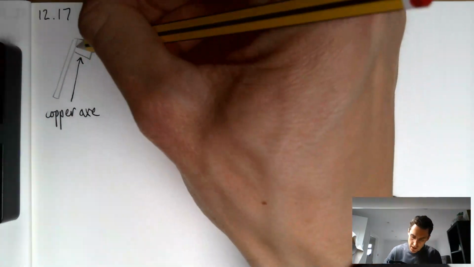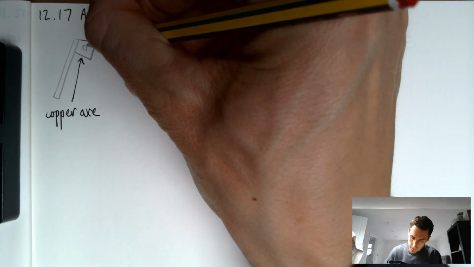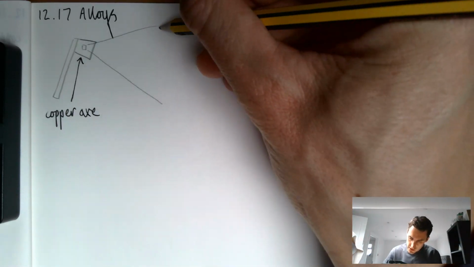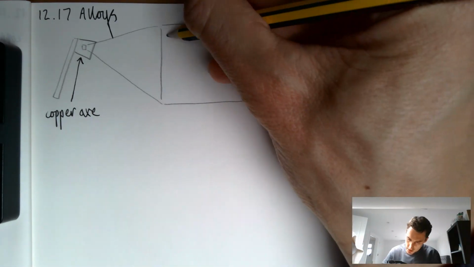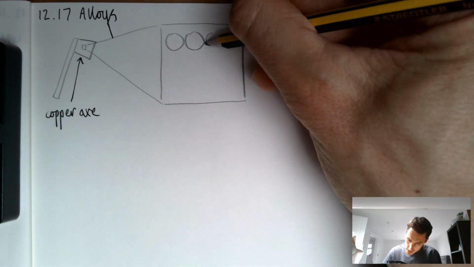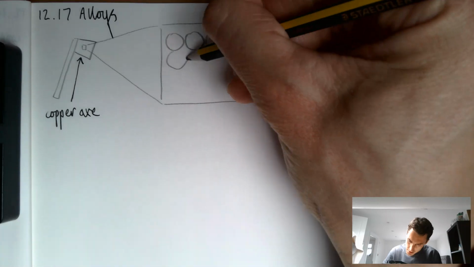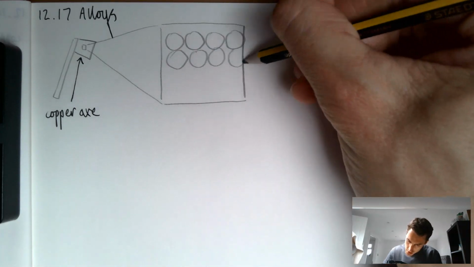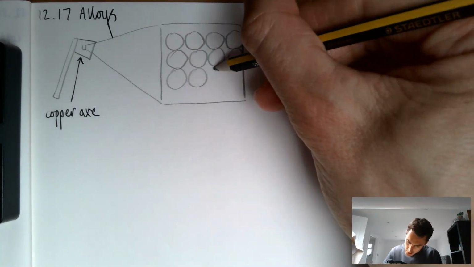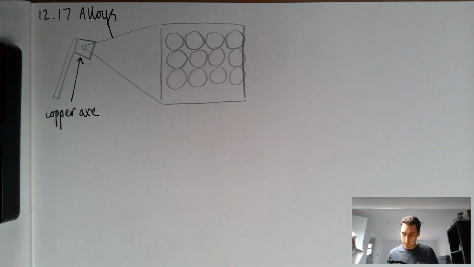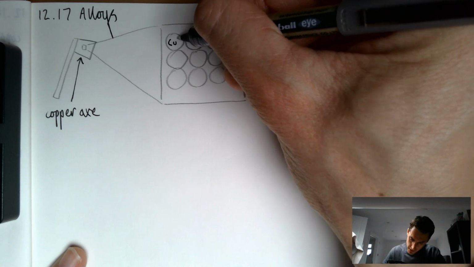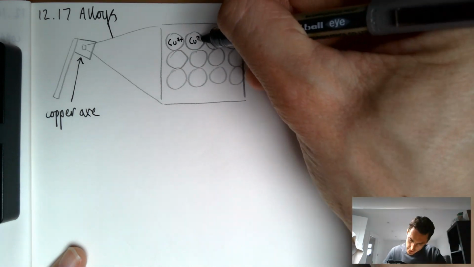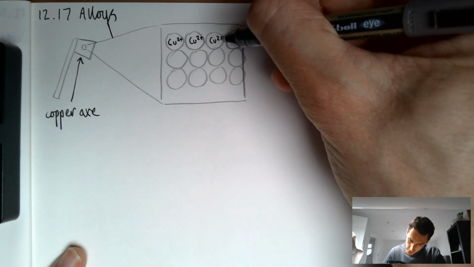And if we zoom in on this, well, what we learned about in the previous lesson, so we're building on that prior knowledge again, was that the structure of copper is something like this. And I'm not going to go into this in loads of detail again because we already taught this, but we had these 2+ ions, copper 2+ ions.